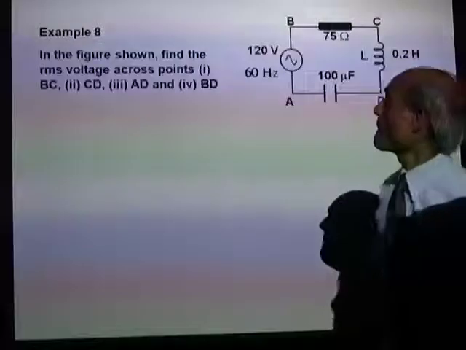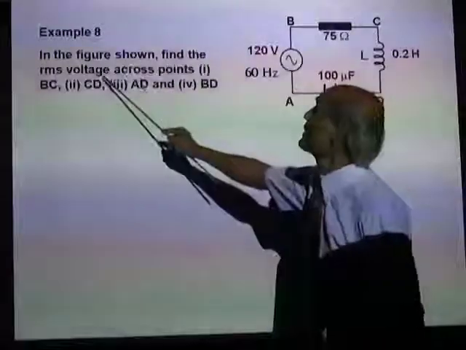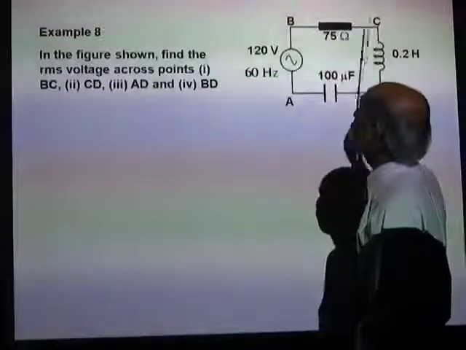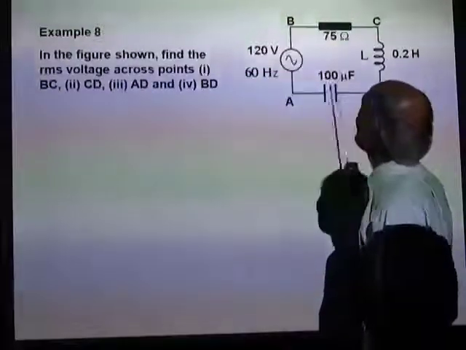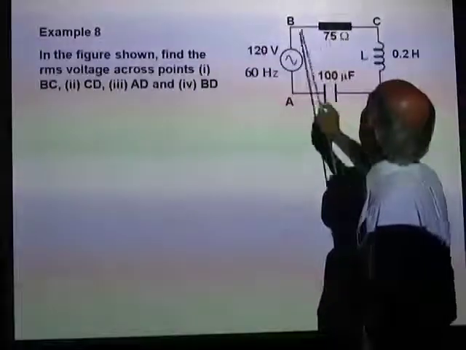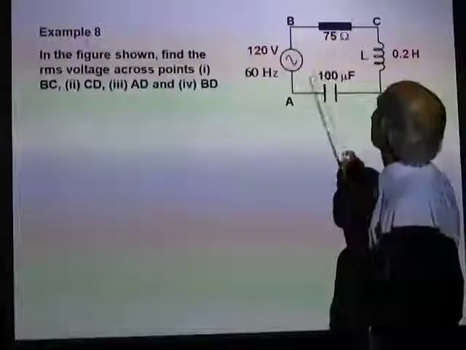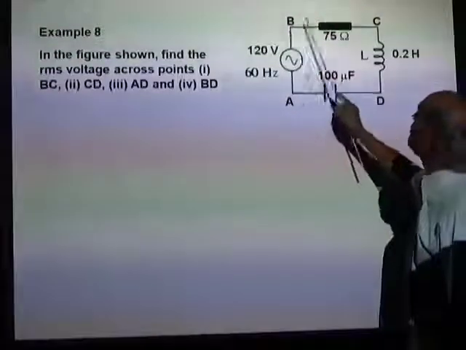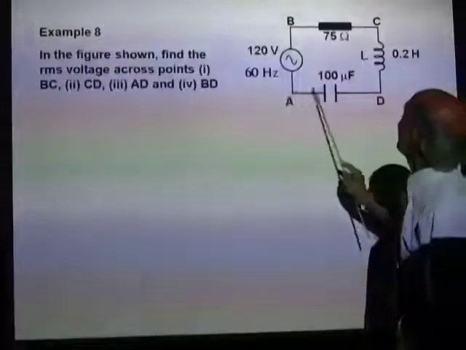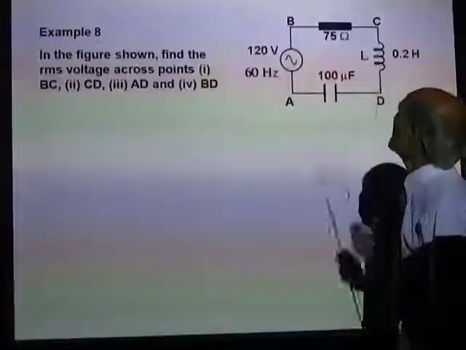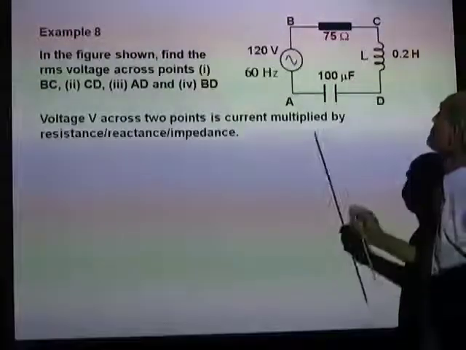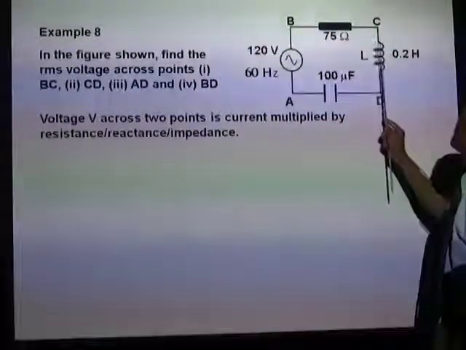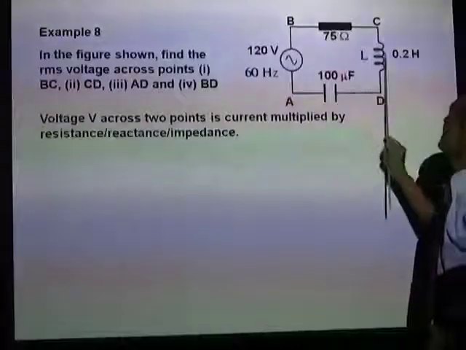Another example. In the figure shown, find the RMS voltage across points BC, AD and BD. Alright, we need to find the RMS voltage across BC, across AD and across BD. Well, the voltage across BD is the voltage across the combination of resistor and inductor.